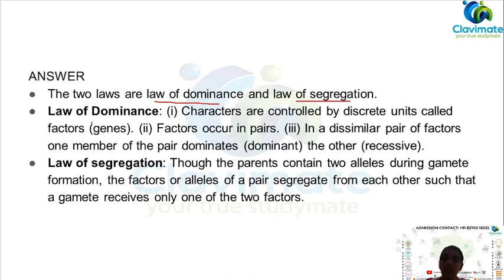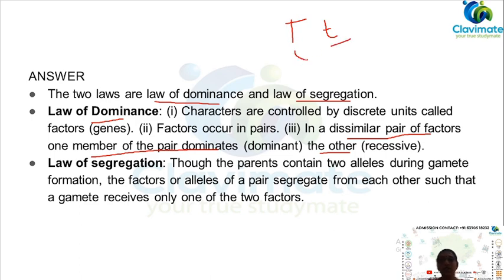The law of dominance says that in a dissimilar pair of factors, one member of the pair dominates the other. So what we saw in dominant trait and recessive trait, we have capital T and small t. Capital T is dominating, small t is recessive.